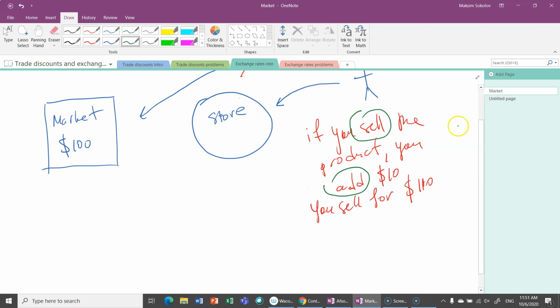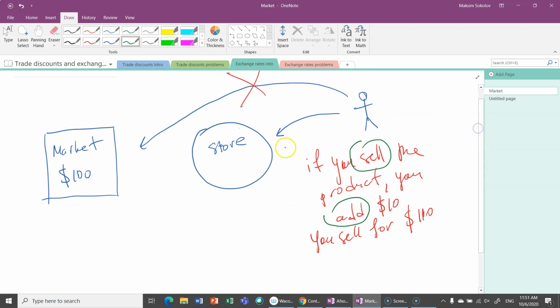So what's going on is that if you sell this product, you sell for $110. The way it works is that you buy yourself for $100 and you sell for $110. As a result, you make $10 profit. And your customer can come only to you.